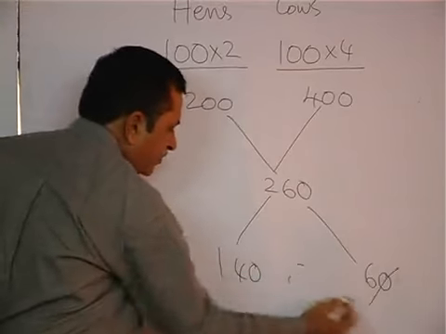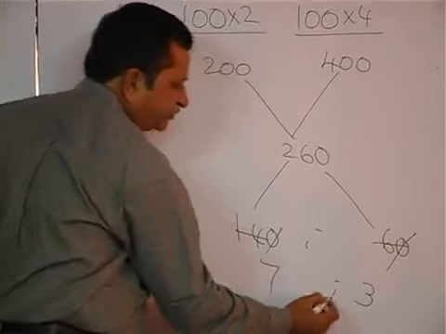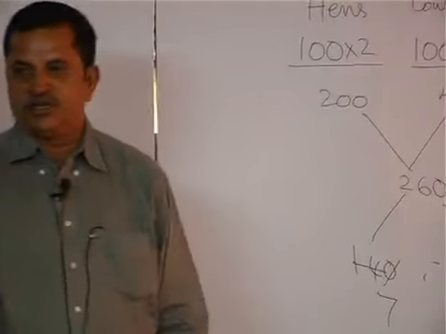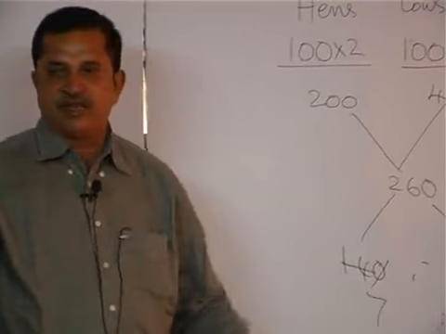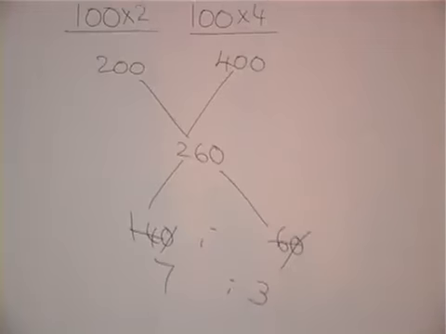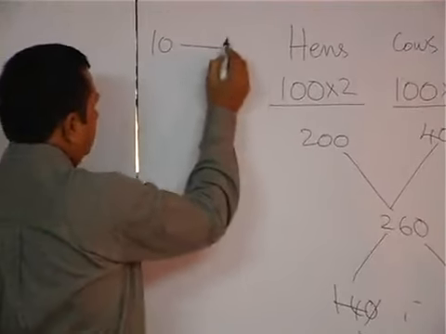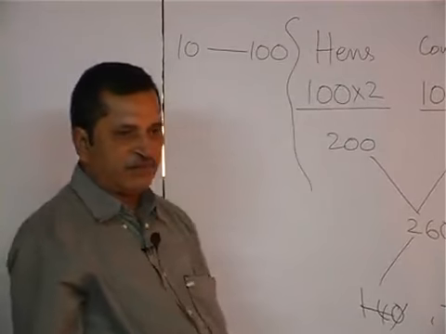So 7:3. The hens and cows in the zoo are in the ratio of 7:3. It means 7 parts are hens, 3 parts are cows. Put together for 10 parts, there are 100 animals to be distributed.